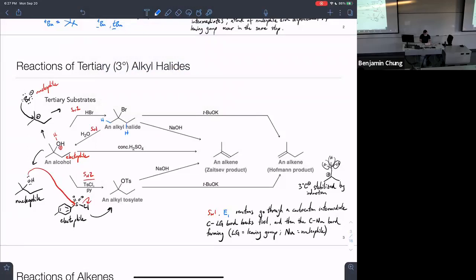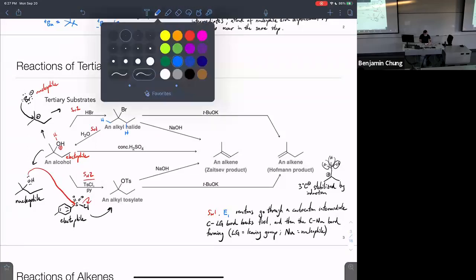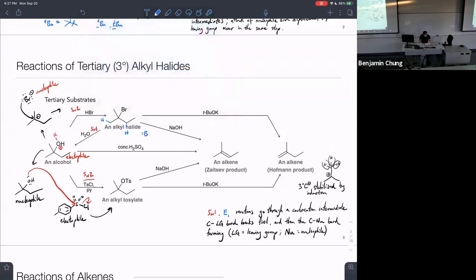And when we have our deprotonation occurring here, I'm using B to represent just a generic base with a lone pair. You're going to see me do this probably a lot throughout the semester. So your base can attack either here to abstract that proton or there to abstract that proton.